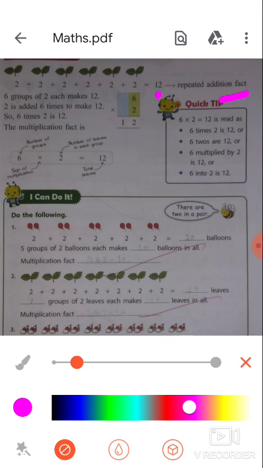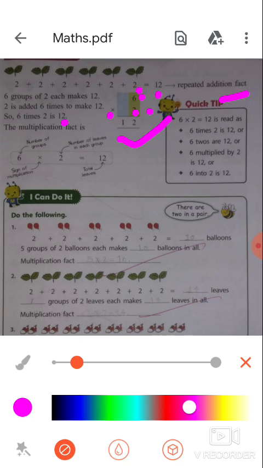So 6 times 2 is 12. In multiplication form we can write 6 multiplied by 2. So the multiplication fact is 6 multiplied by 2 equals 12, which means 2 multiplied by 6 equals 12.